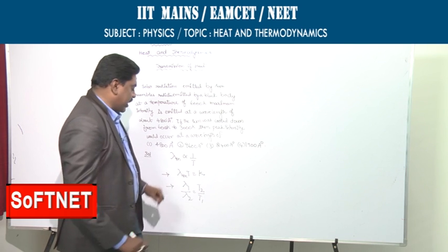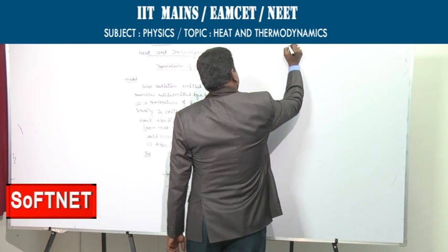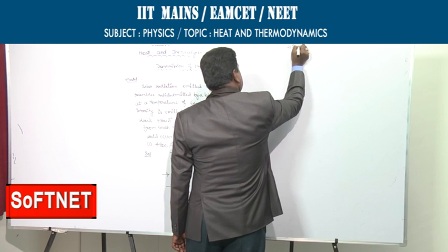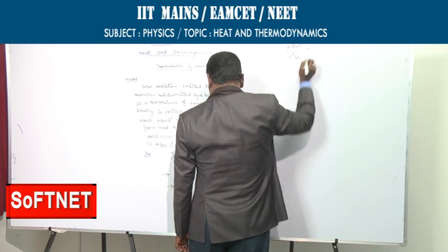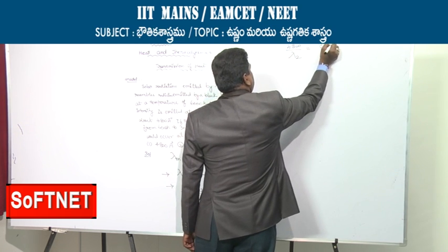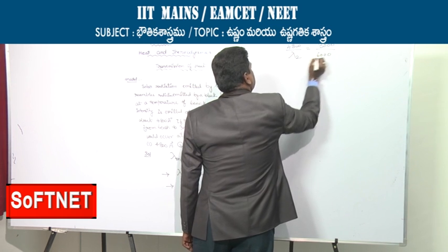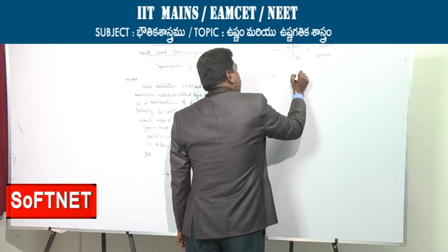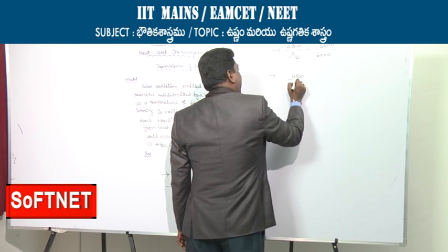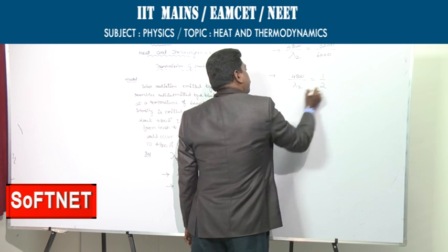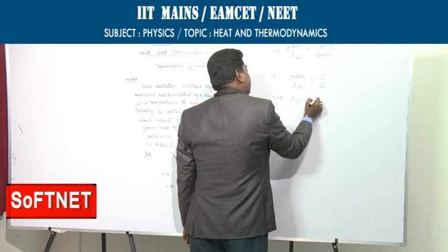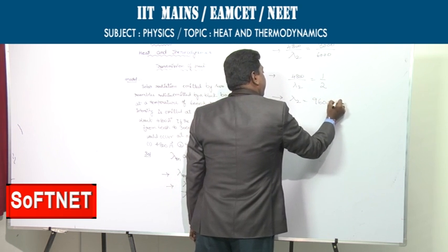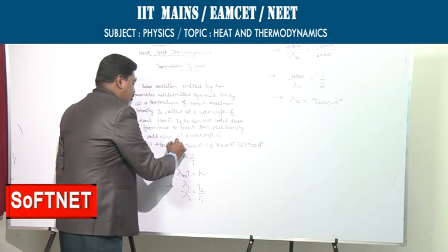By substituting, we get 4800 by lambda 2 equals 3000 by 6000. This implies 4800 by lambda 2 is equal to 1 by 2, and lambda 2 is 9600 angstroms, which is your option number 2.